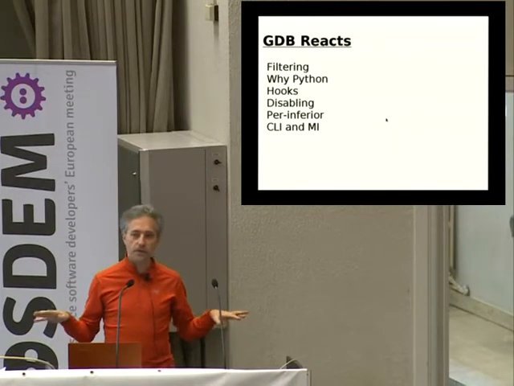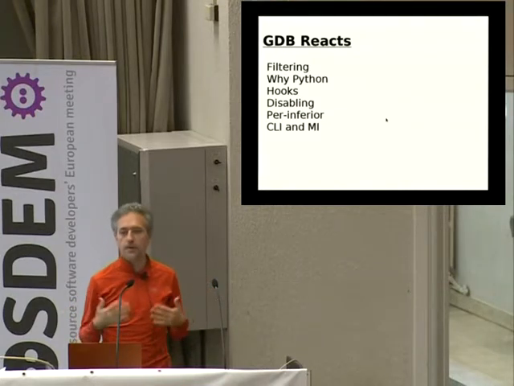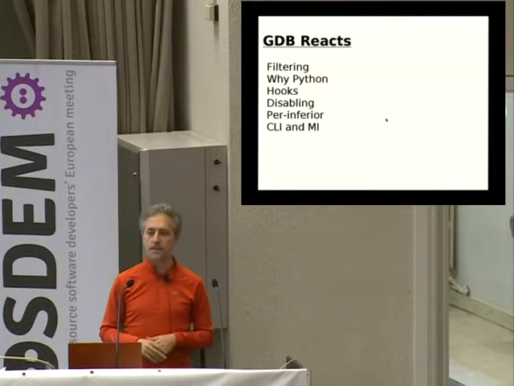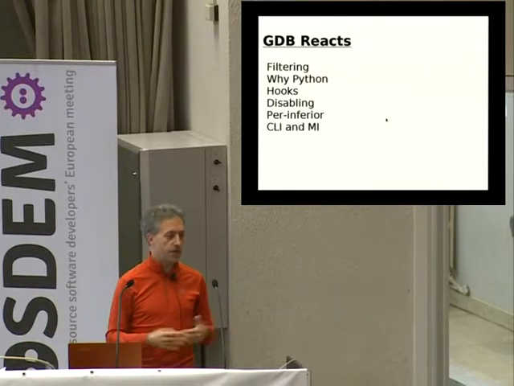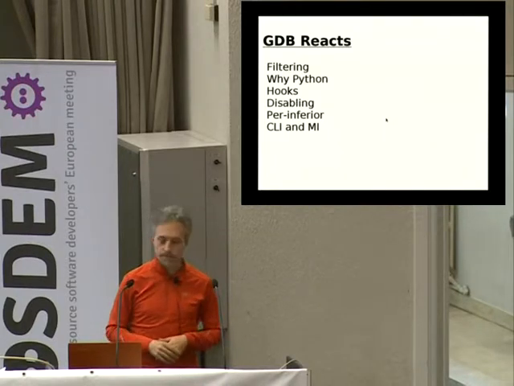In a properly configured distribution, Fedora is the one I use, because I work on it and I happen to know it's well configured, the amount of configuration you have to do is nil. It just works, which is a very nice property.